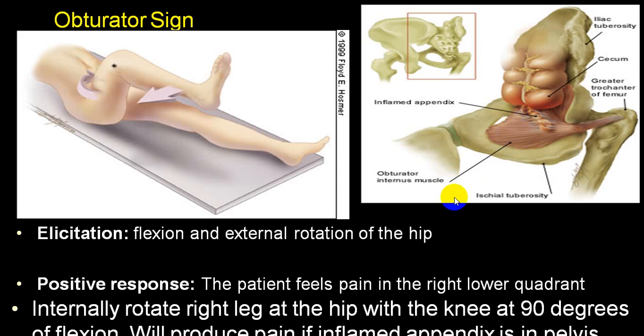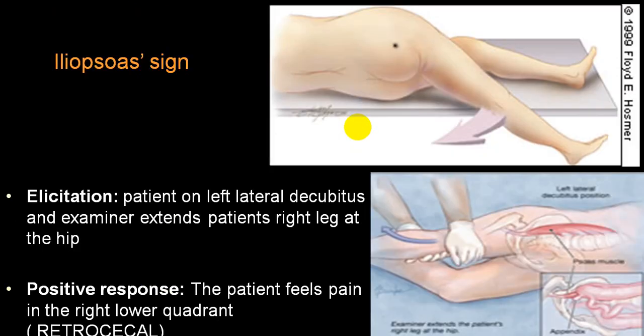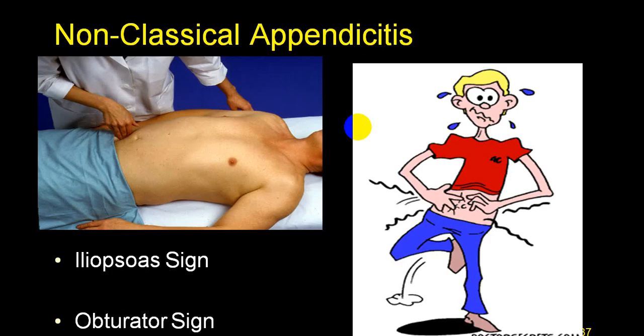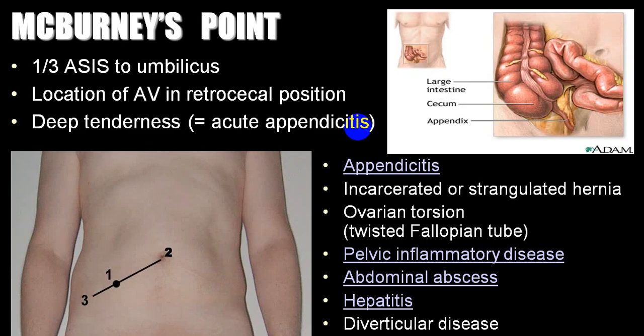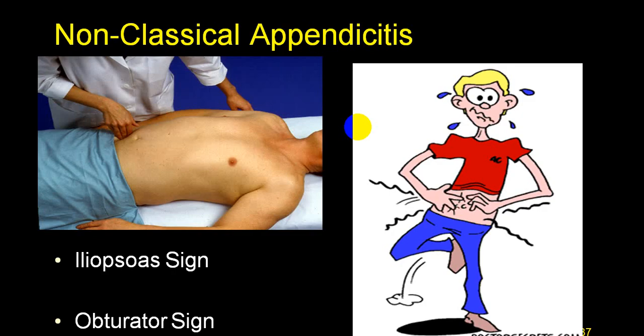The person will complain of pain. So internal rotation of the right leg, while flexing at the hip and knee joint, will give rise to pain. This is given the name obturator sign. This can be asked in your oral exam, and occasionally in appendicitis you may be asked as a short note on atypical signs in appendicitis. So do keep it in mind.